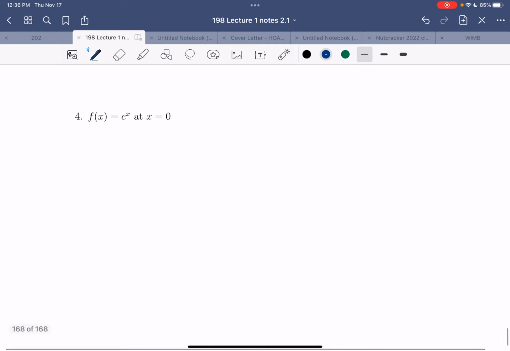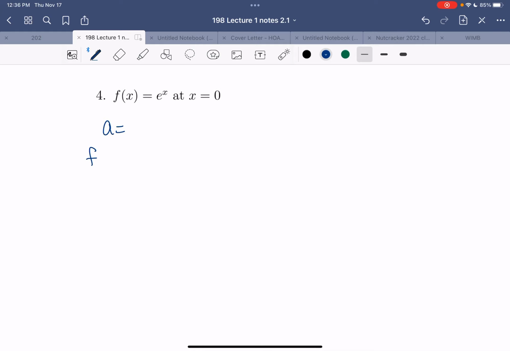For e to the x, we have something similar. You need an a, an f of a, and an f prime of a. You're given the function e to the x, and x equals 0. So my a value is going to be 0. F of a, when you plug that in, e to the 0 is 1.